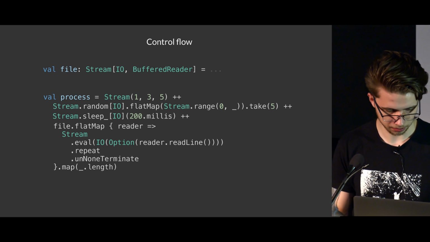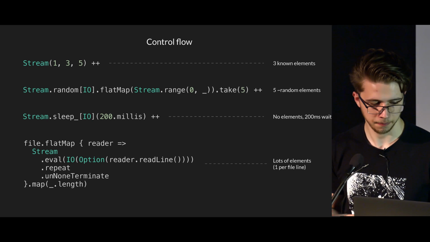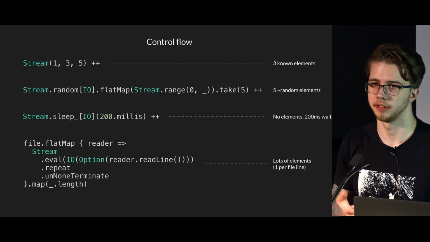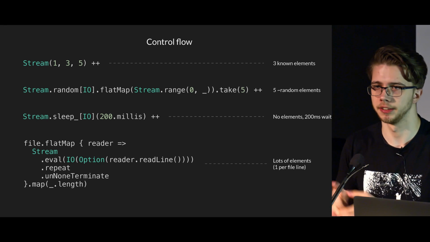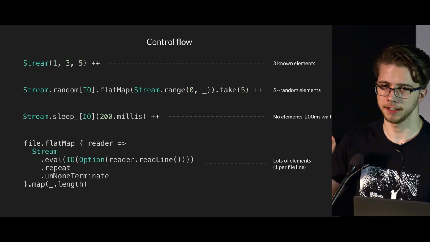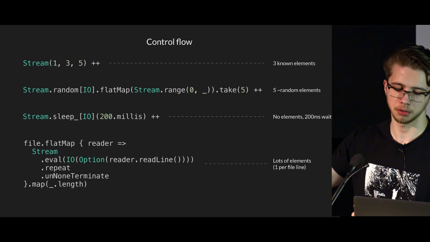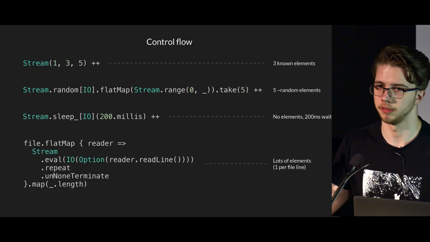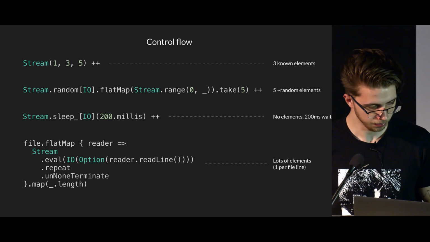So let's again look at it closely. First, I have a stream that produces 3 elements, a constant amount, and these are constant values. Then I concatenate that to a stream of random elements. Altogether, they will provide up to 5 values.